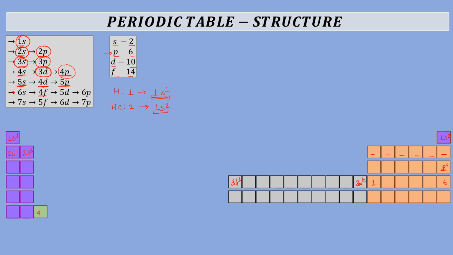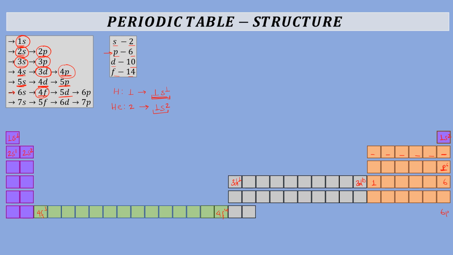So here the filling of the f subshell begins and it will continue up to 4f14, because the f orbital can hold up to 14 electrons, as we saw in our previous video. And after the completion of the filling of the 4f orbital, we will start filling the 5d orbital up to 5d10, and we will follow the same procedure and complete the filling of the 6p orbital right here.